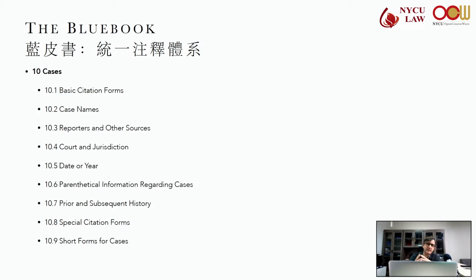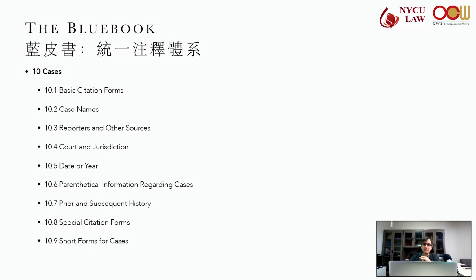So now digging deeper into the case names. The difference between case names in textual sentences and case names in citation is, of course, the italics, and the abbreviation.